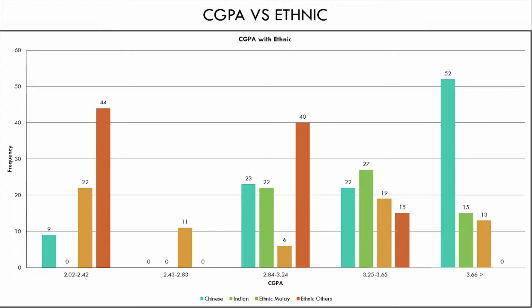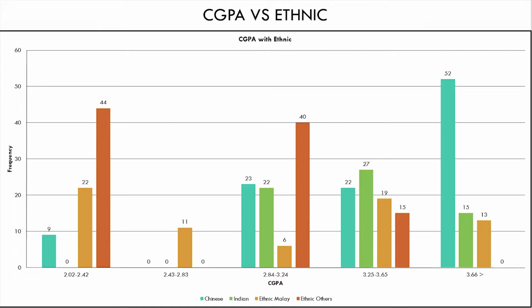2.84 until 3.24 is other ethnic. 3.25 until 3.65 is Indian ethnic. From 3.66 and above, Chinese students got the highest score.